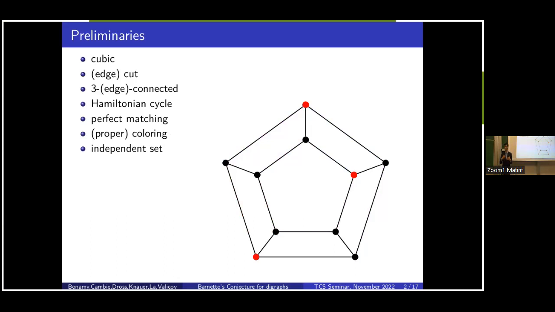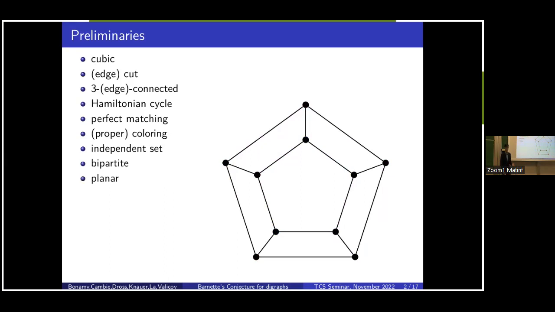So if you take a proper vertex coloring, then every color class induces an independent set. And a bipartite graph is a graph which has a 2-vertex-coloring. So in a bipartite graph, you cannot have odd cycles, of course. So this graph is clearly not bipartite.